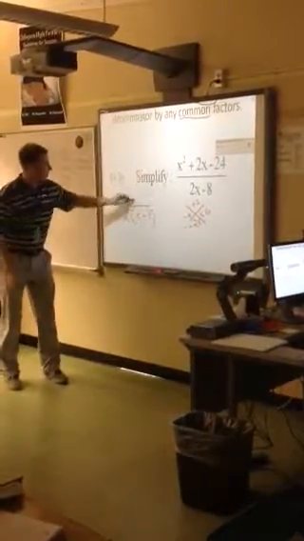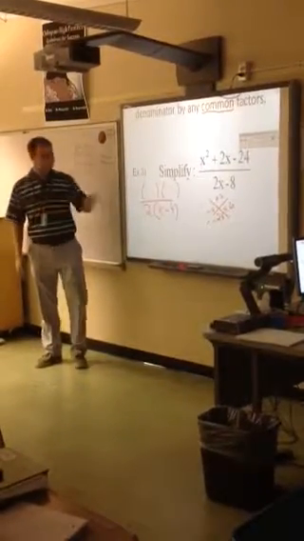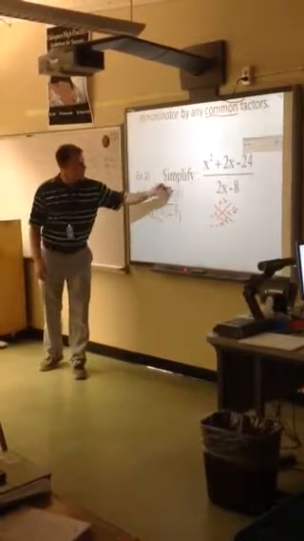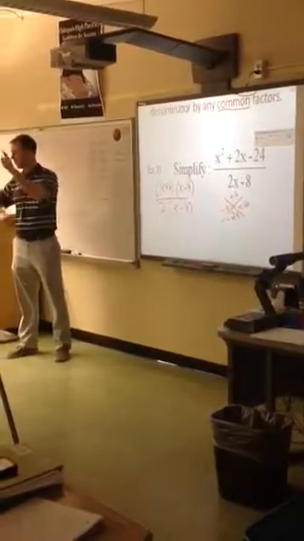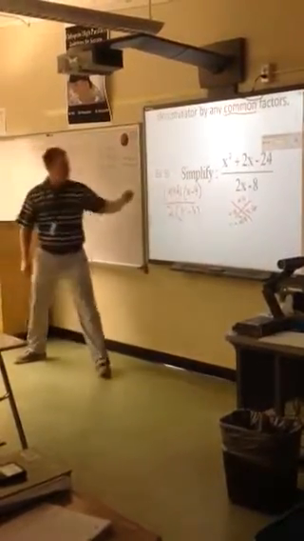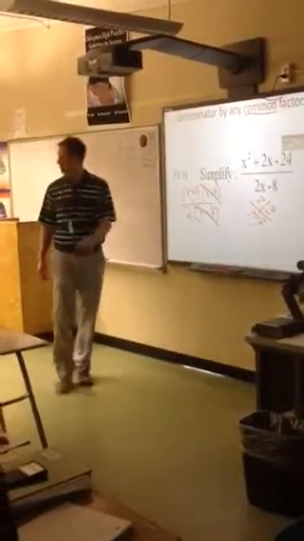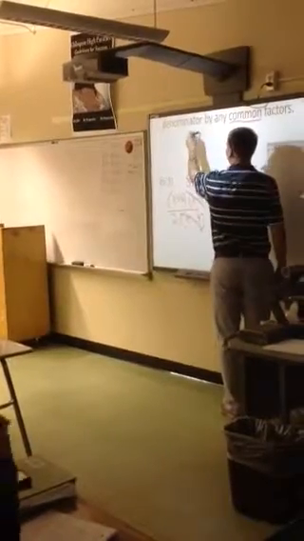So if I put this on my numerator as a factored form, does it matter how I put the order? Okay, so I'll just put x plus 6 times x minus 4. Now, do you see in my second step, what's common between both the numerator and the denominator? x minus 4. So I cancel it, and what am I left with? x plus 6 over 2.